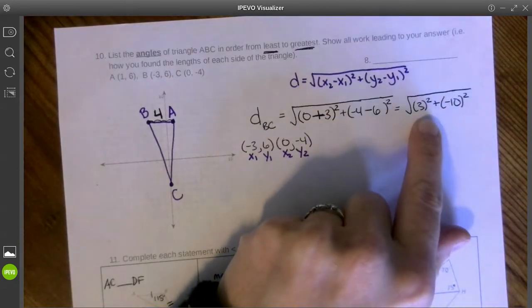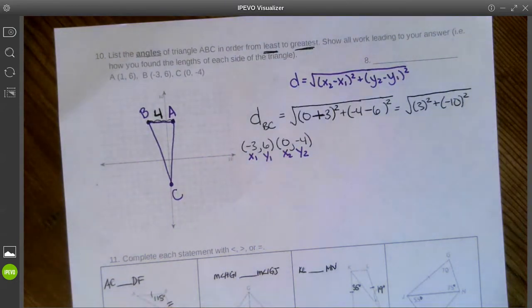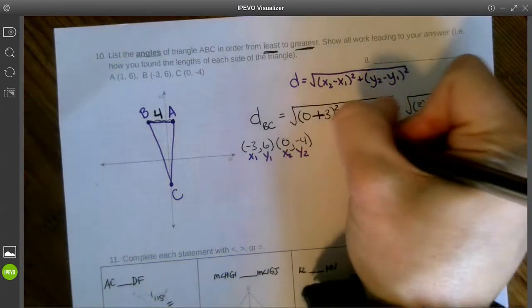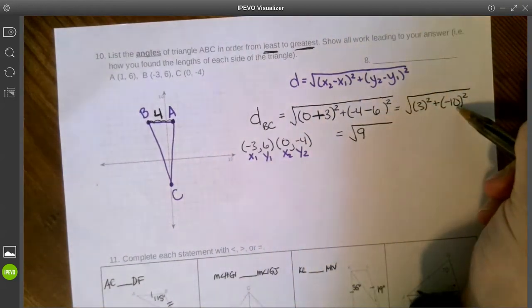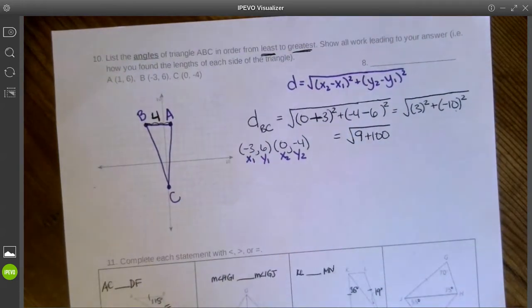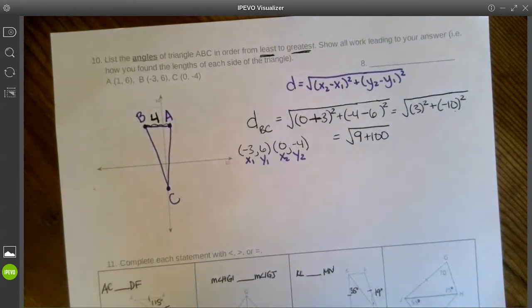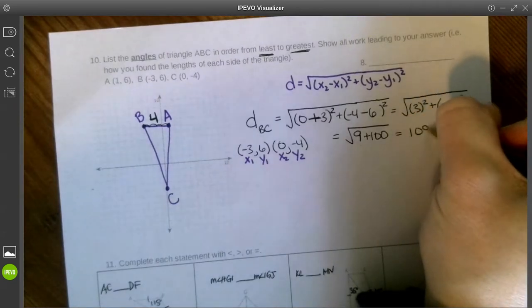Remember, if you can't do it in your head, you should put these numbers in parentheses on your calculator. 3 squared is 9, and negative 10 squared is positive 100. You should get a positive number there. 9 plus 100 is 109.